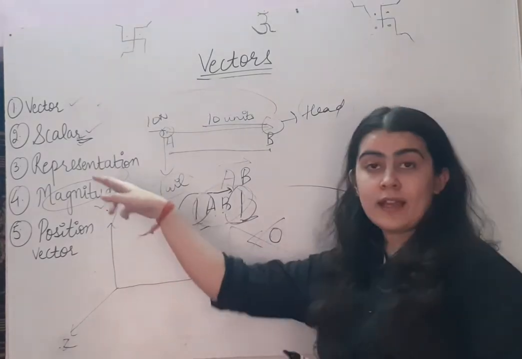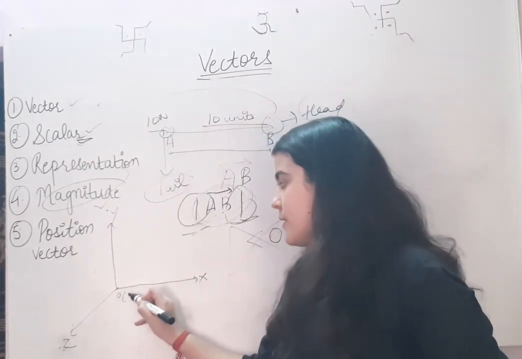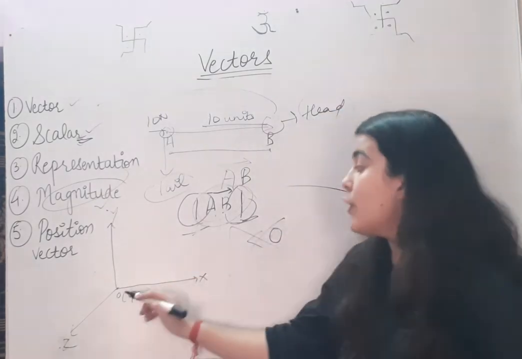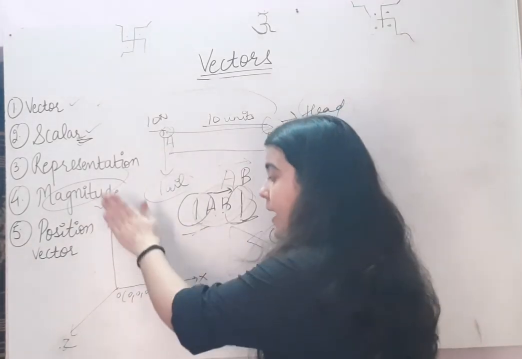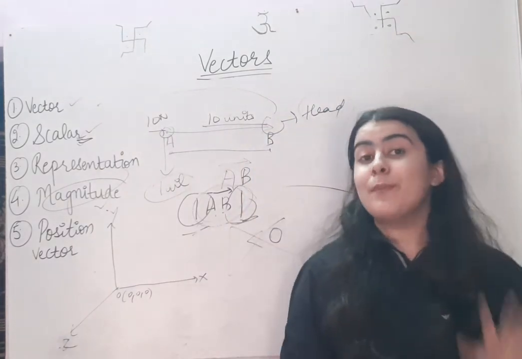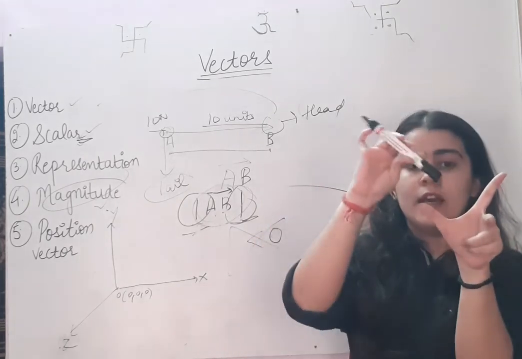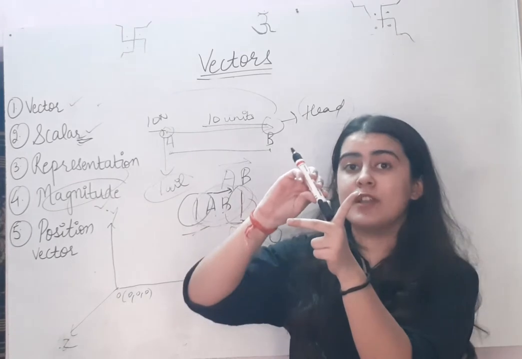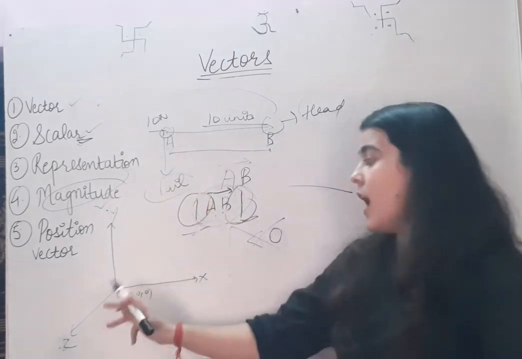So supposedly from the origin, which is 0, 0, 0, if we draw a vector from this very point, from the origin, which is perpendicular to the x-axis, y-axis and z-axis. This is the position vector, such that it is perpendicular to the x-axis, the y-axis and the z-axis. So this is how the figure is.